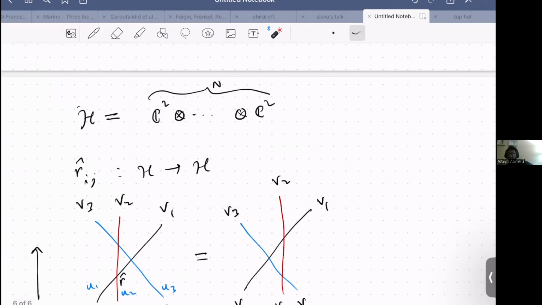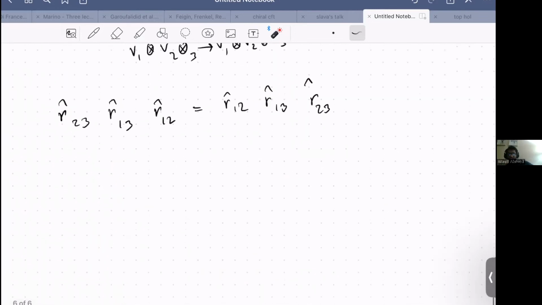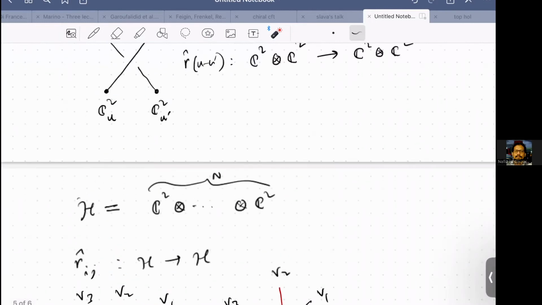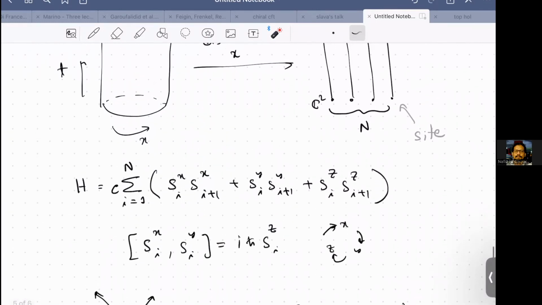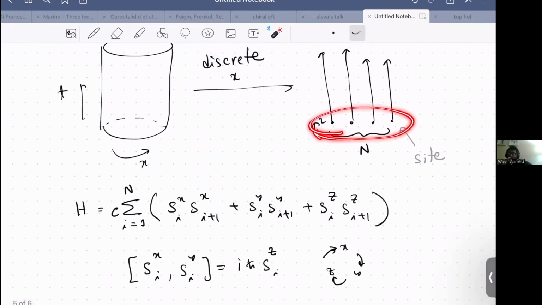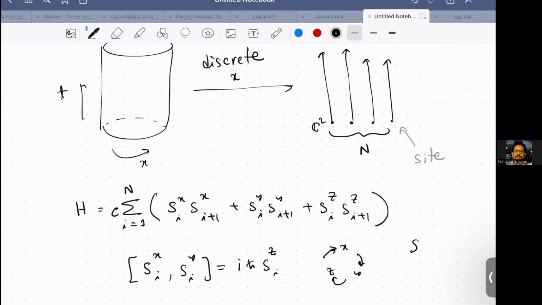Someone else had a question. When you define the Hamiltonian, do you need a periodic condition there? Yes. If your spin chain is periodic, if you're identifying the first site with the last site, then you have to say that S_{n+1} is the same as the first one.